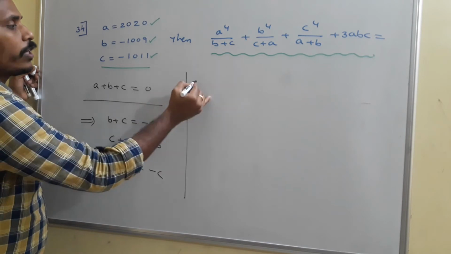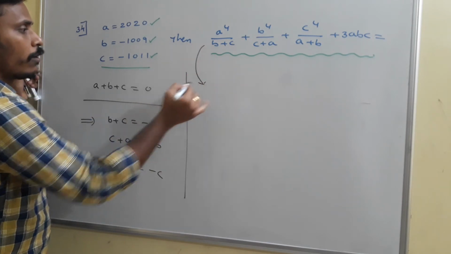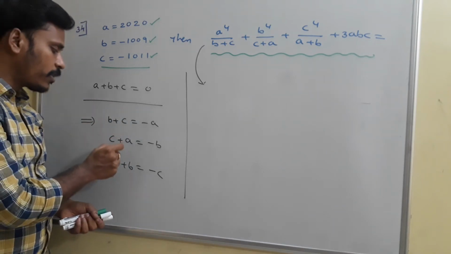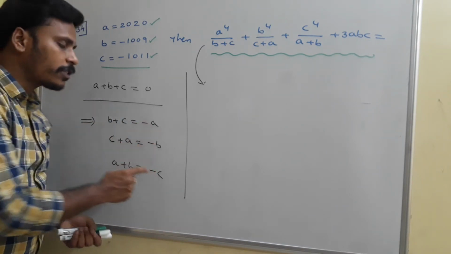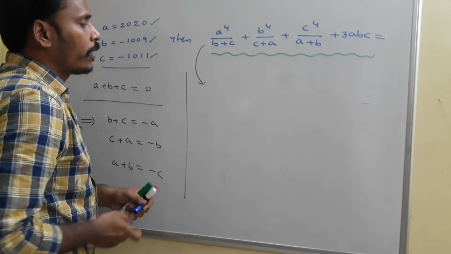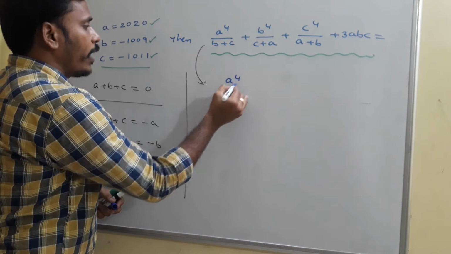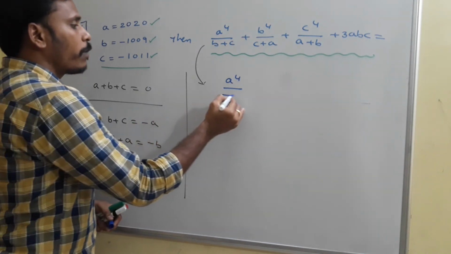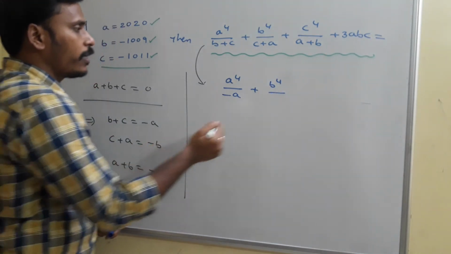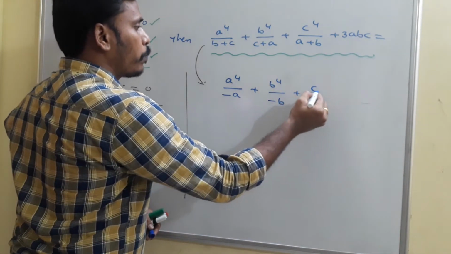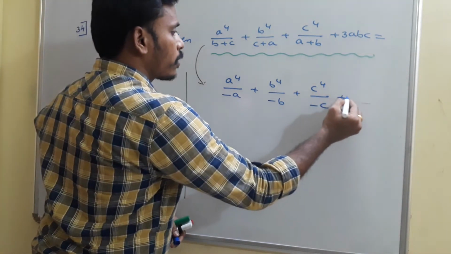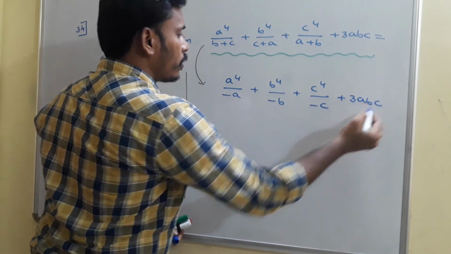Now, since we need to find this particular value, you just replace the denominators b plus c, c plus a and a plus b with minus a, minus b, minus c. Then how will the problem become? In the next step, a power 4 divided by b plus c is minus a, plus b power 4 divided by c plus a is minus b, plus c power 4 divided by a plus b is minus c, plus 3abc.